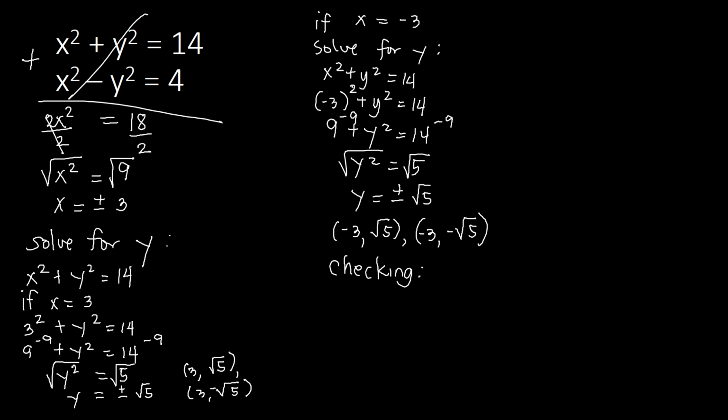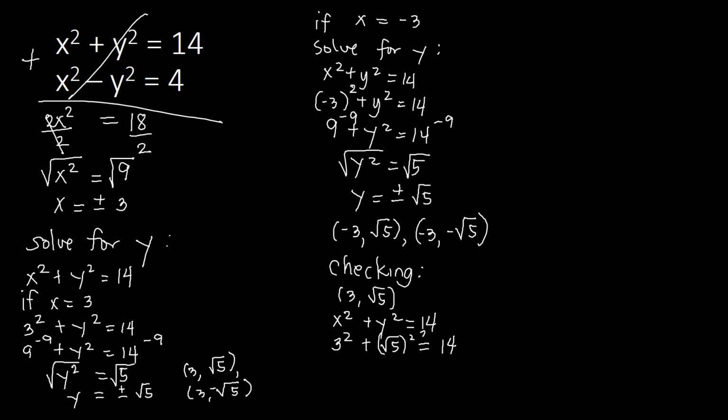If I choose 3 and square root of 5, meaning our x is 3 and our y is square root of 5, I'll be replacing those values in our equation, starting off with x squared plus y squared equal to 14, and check whether that satisfies that equation, including the second equation. So we have x replaced with 3 squared plus y replaced with square root of 5, squared, equal to 14.